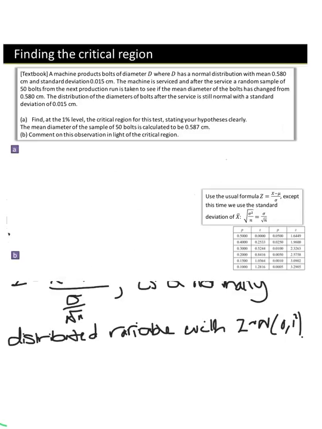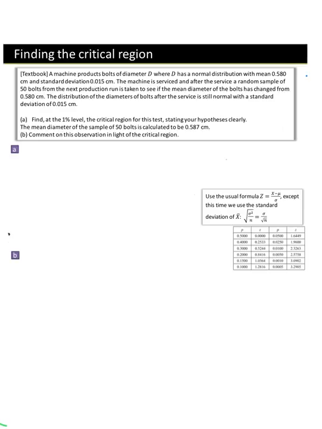So in this example, we're told that a machine produces bolts of diameter d, where d has a normal distribution with a mean of 0.58 centimetres and a standard deviation of 0.015 centimetres. The machine is serviced, and after the service a random sample of 50 bolts from the next production run is taken to see if the mean of the diameter of the bolts has changed from 0.58.